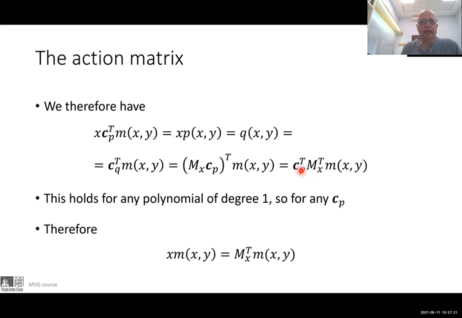So we can omit Cp and write that x times M equals Mx times M. To remind you, M of x,y is the monomial basis, in this case 1, x, and y.